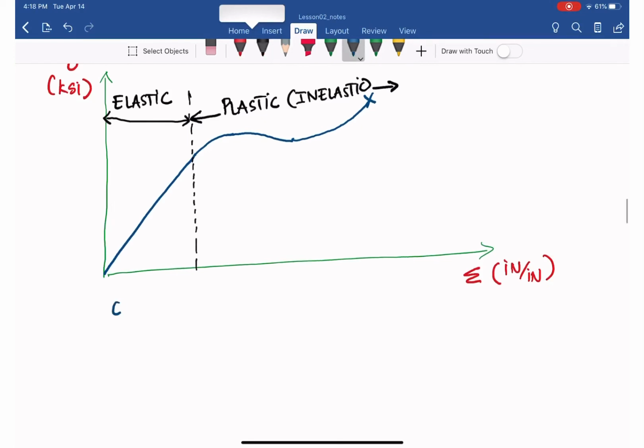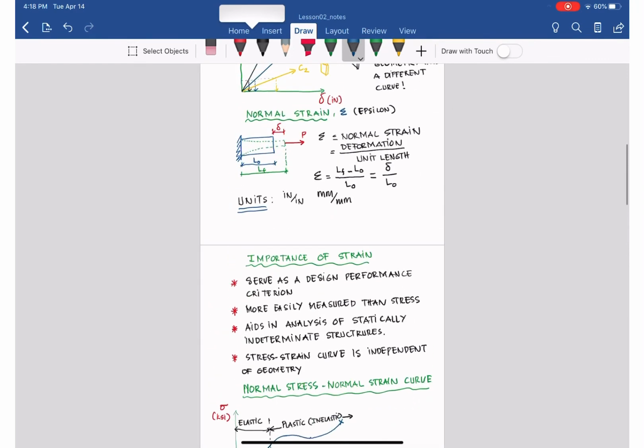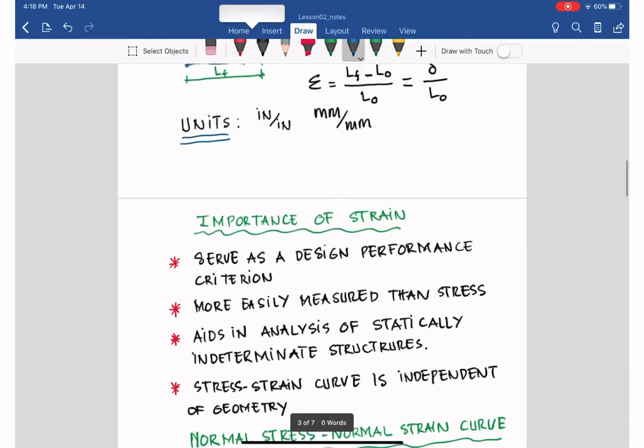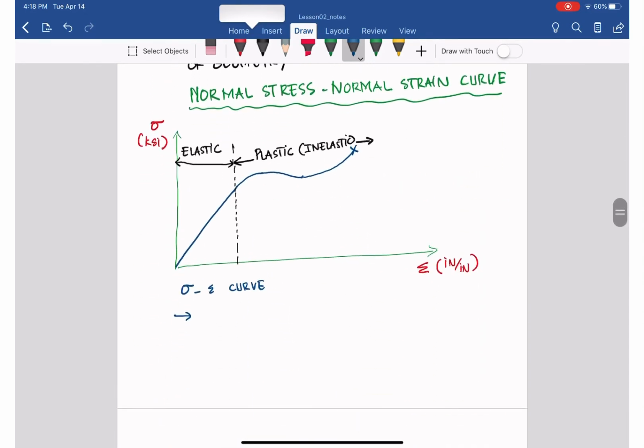Basically that is what we call the normal stress and normal strain curve, the sigma and epsilon curve. And that curve is independent of geometry, so it does not depend on the cross-sectional area as the load and deformation diagram above does.